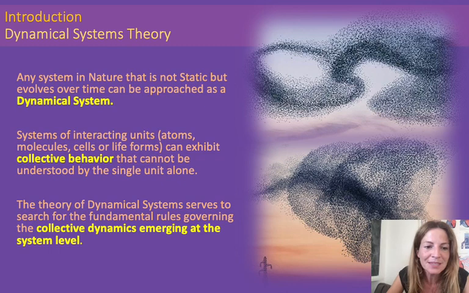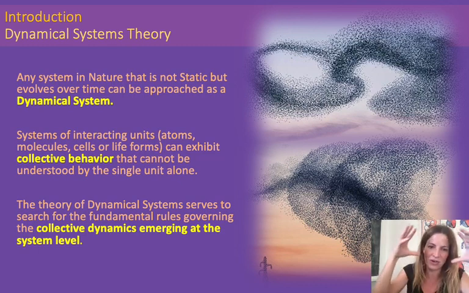Okay, so starting from dynamical systems, basically any system in nature that is not static but evolves over time can be approached as a dynamical system, as the name states. So these are systems of interacting units, can be atoms, molecules, cells, life forms, that can exhibit collective behavior that cannot be understood by the single unit alone.